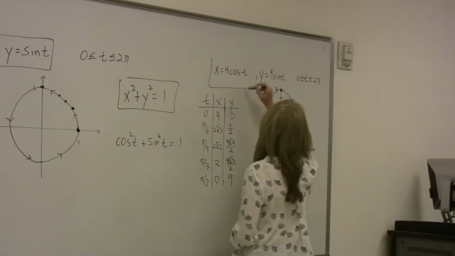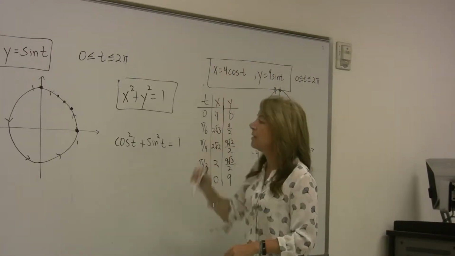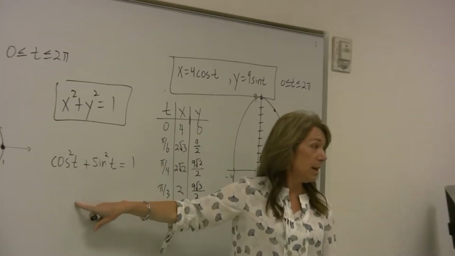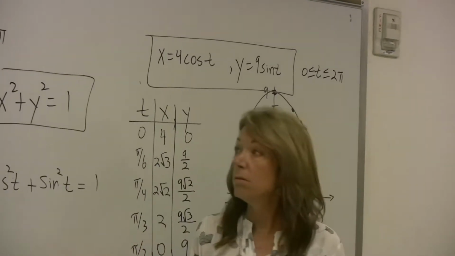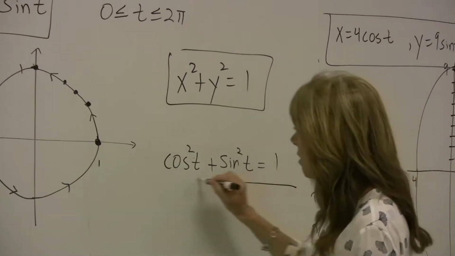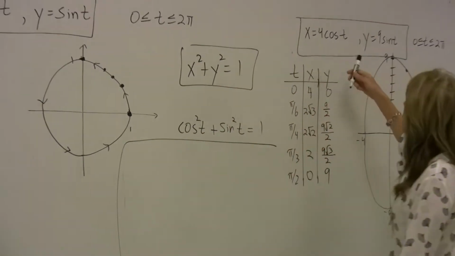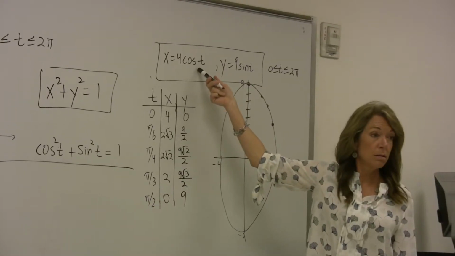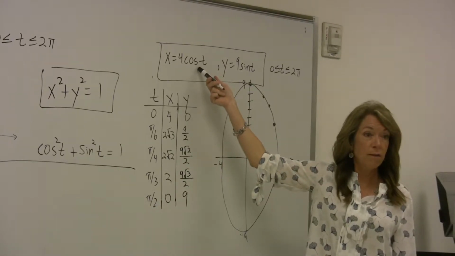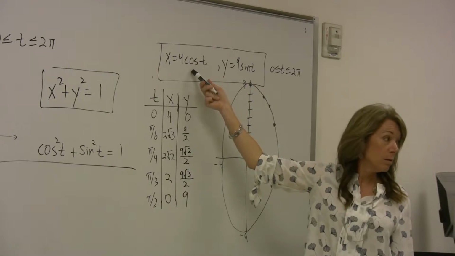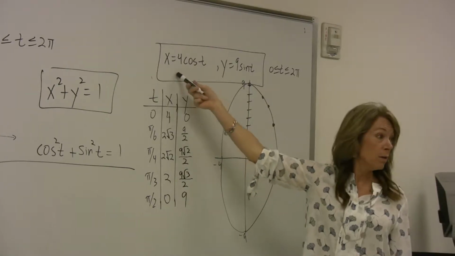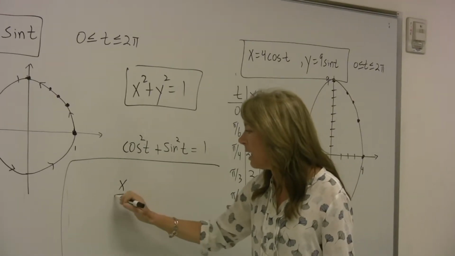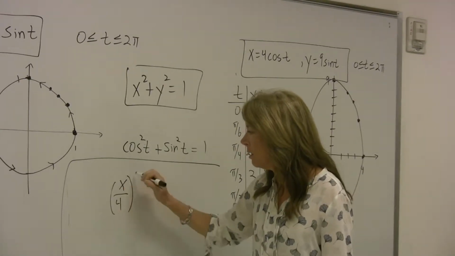So I have these parameters here. I know this identity is always true. Let's squeeze it down underneath here. Can you solve this for cosine? Cosine equals x over 4, right? So cosine squared would be x over 4 squared.